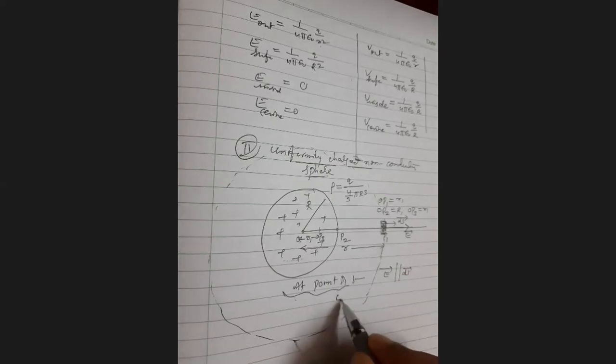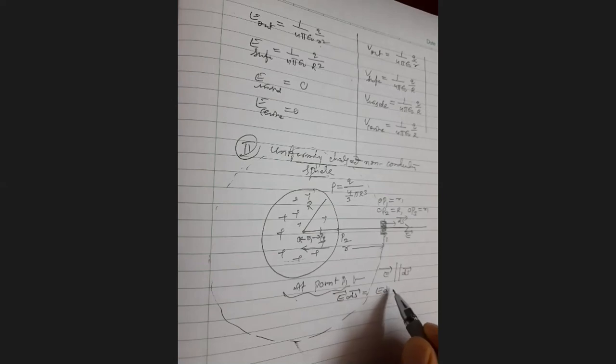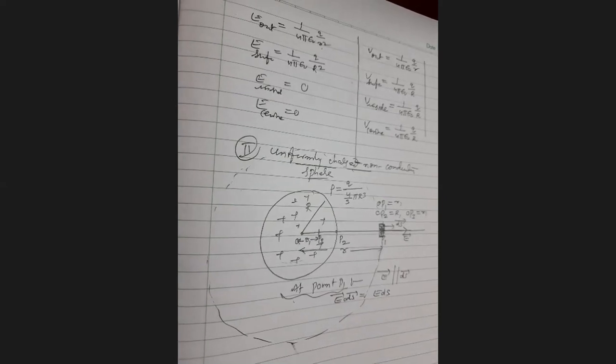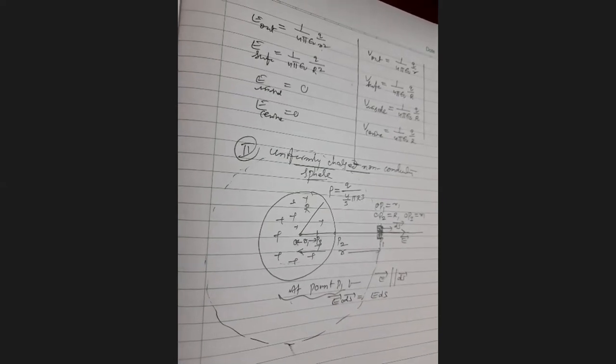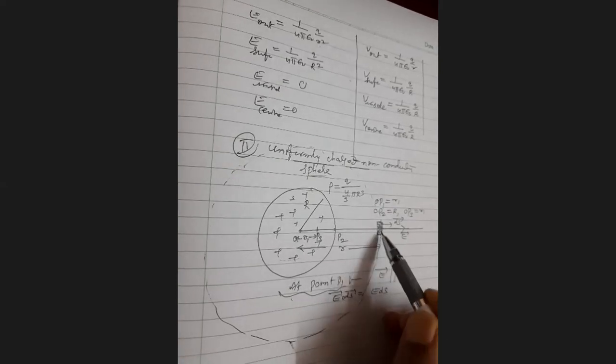So E bar dot dS bar is equal to E dS. That represents the flux through that area element: E dS cos 0 equals E dS. But we have to calculate the flux through the total Gaussian surface.